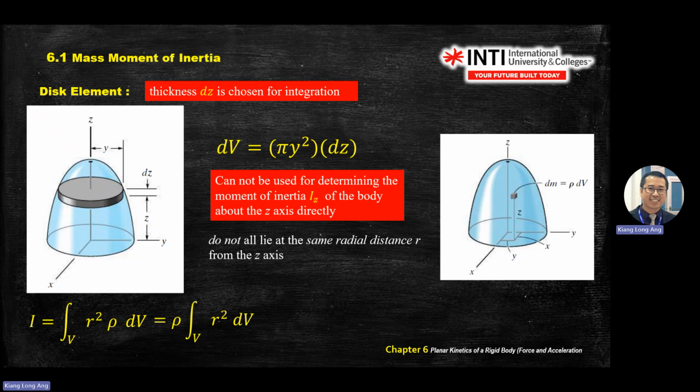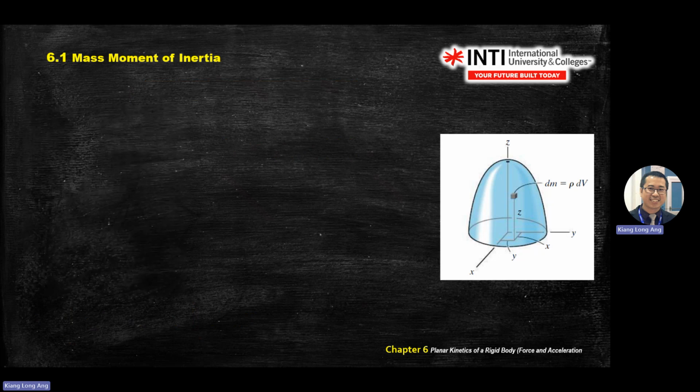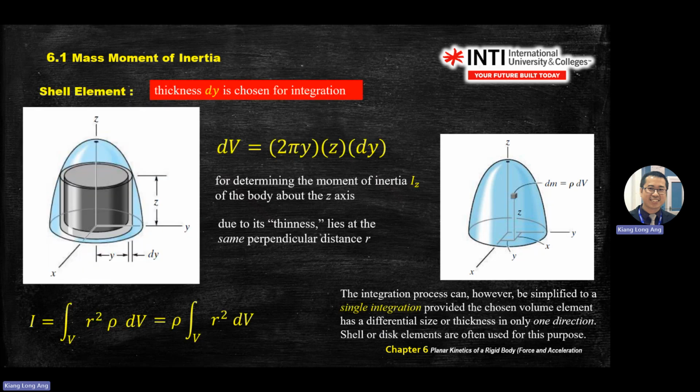This one is a bullet shape. So when it is a bullet shape, if you use this method, you won't get the accurate inertia. Compared to the shell element, because the radius is changing, you can get a more accurate volume compared to the second method.